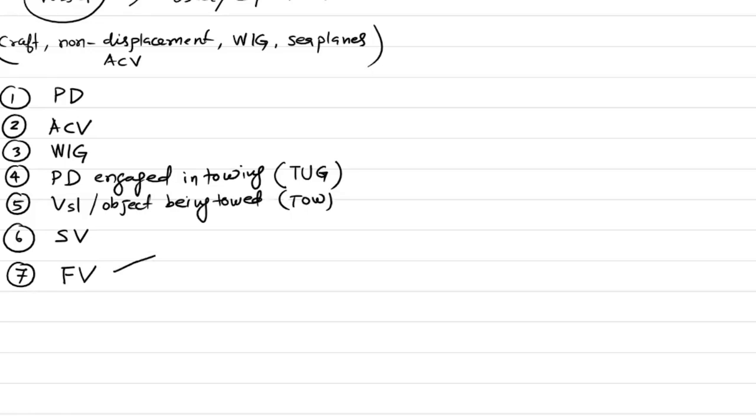There is something called trawler, that means vessel engaged in trawling operation. And another one is fishing vessel other than trawler. You need to use the proper term. The trawler or fishing vessel other than trawler.